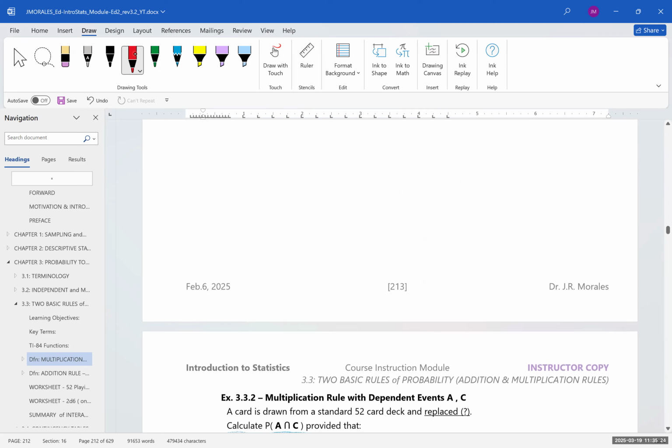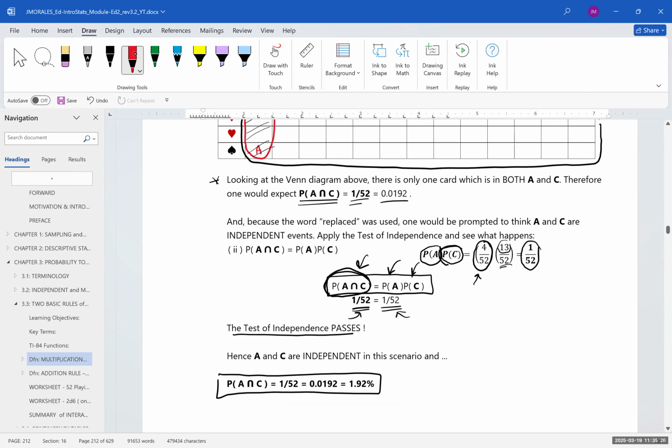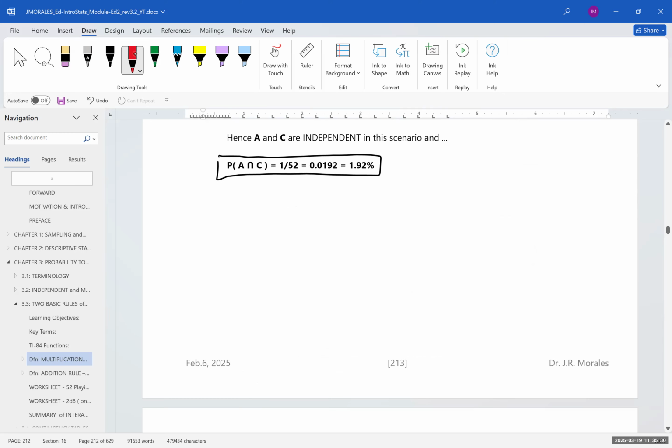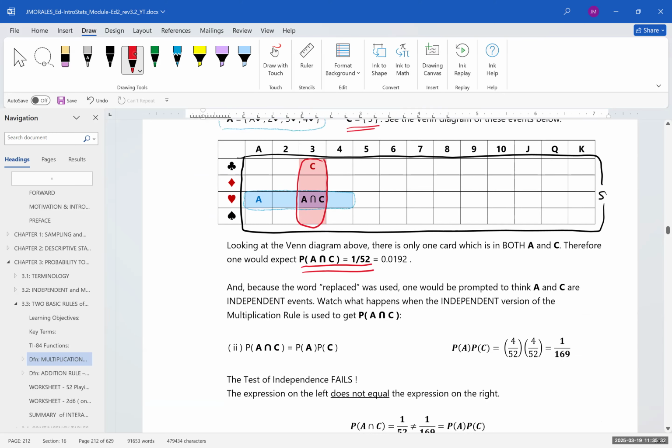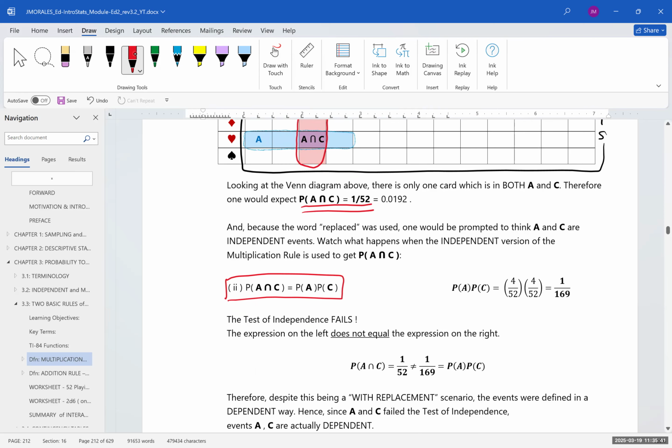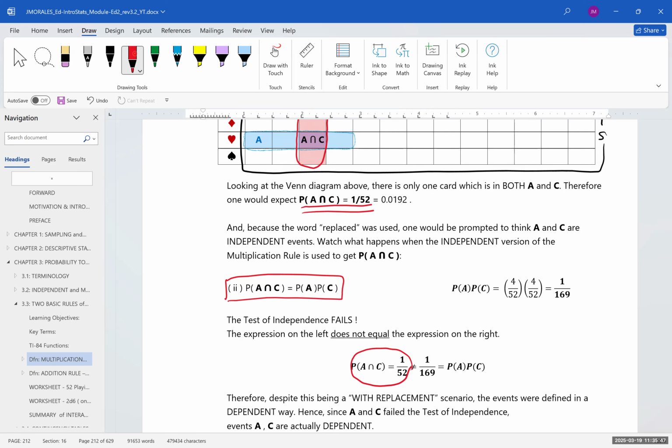And what we did last time is we applied this test of independence. So when we apply that test of independence here, and we compare what we get on the left with what we get on the right of this test, you'll see they don't equal each other.